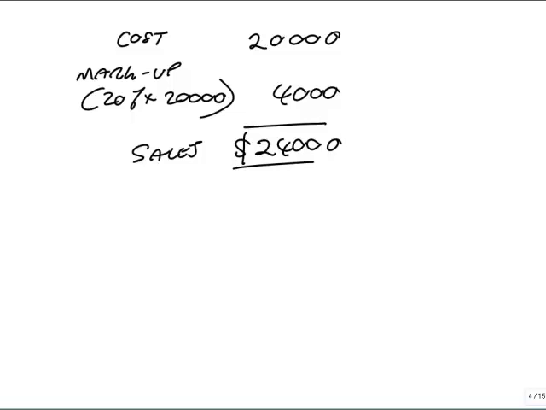She's got a markup of 25%, so she's adding 25% to the cost. And we want to know, what is the cost? Whether you find it easy or hard, you all see what the problem is. We're going backwards. I know what the sales are. We're having to go back.